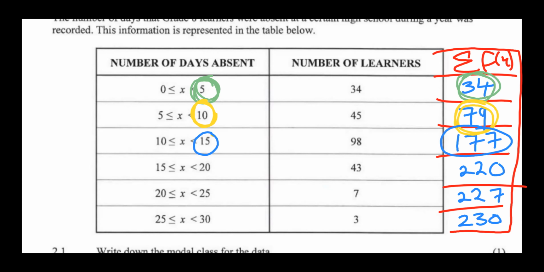And then you just go on like that. 20 and 220. Just continue all the way. Once you've plotted all the coordinates, you will then draw a nice curve afterwards.